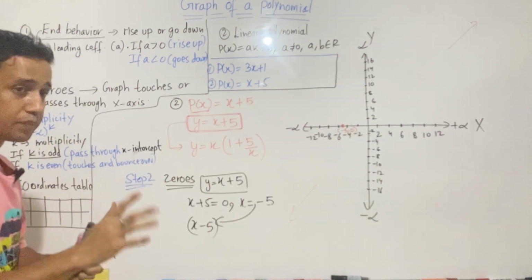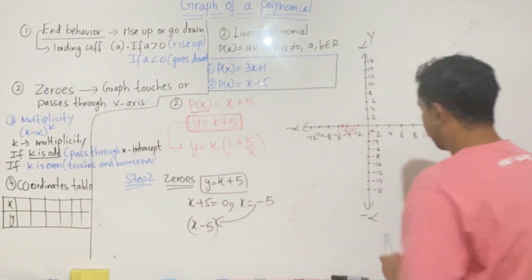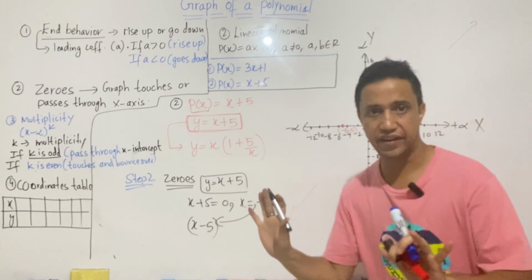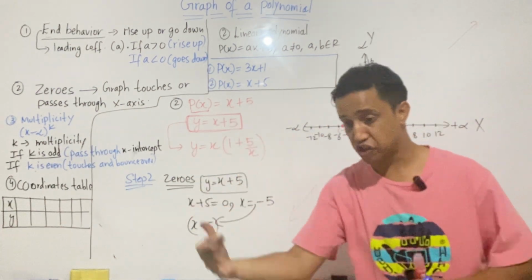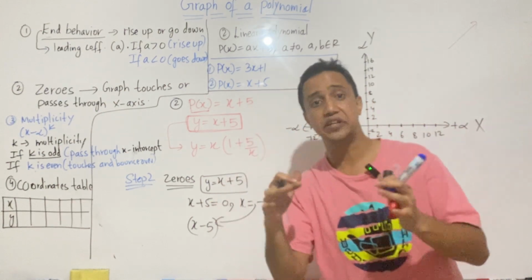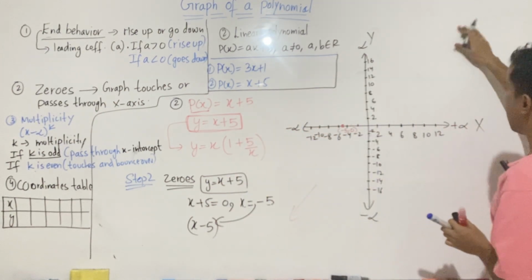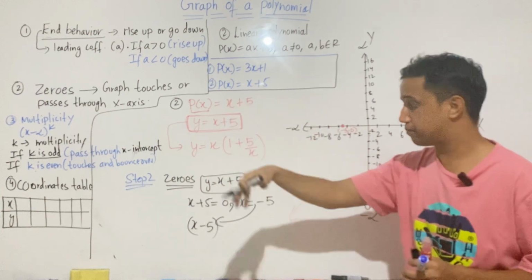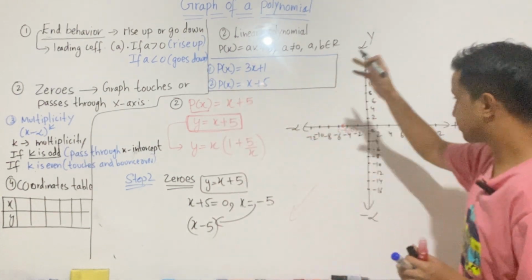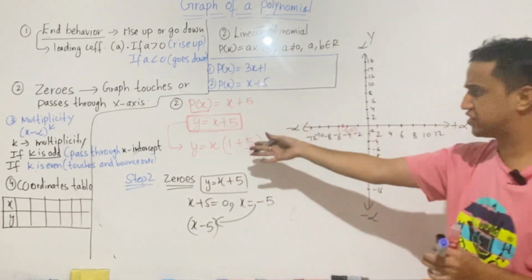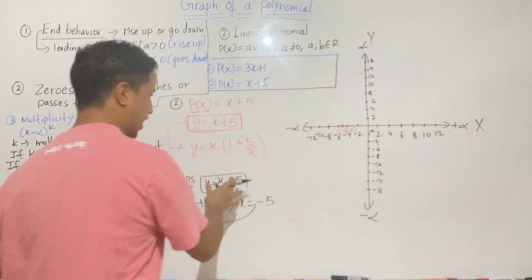See here, example. I'm just giving you an example. The example is not related to this question, it is just to make things clear for you. Let's take this polynomial expression x plus 5.